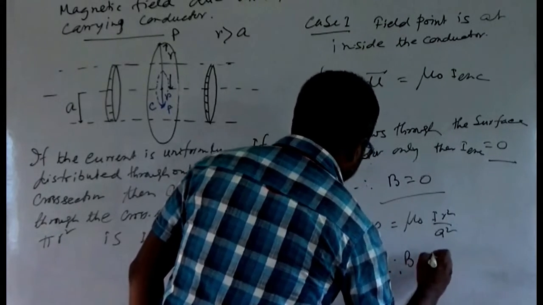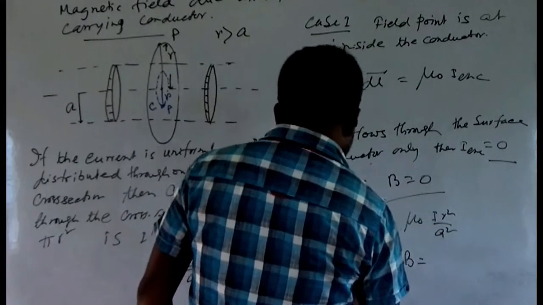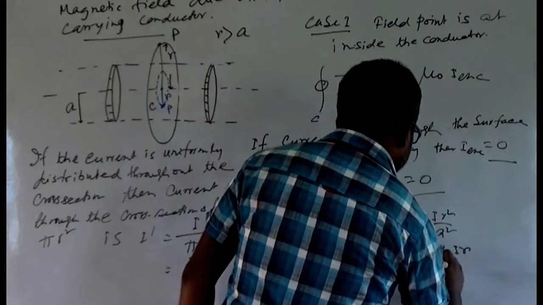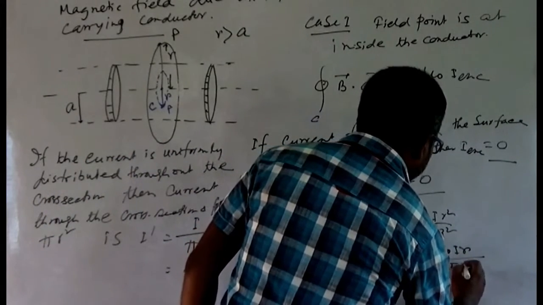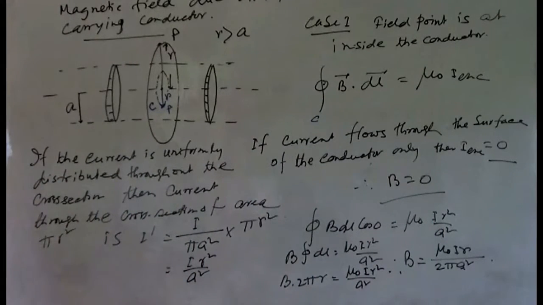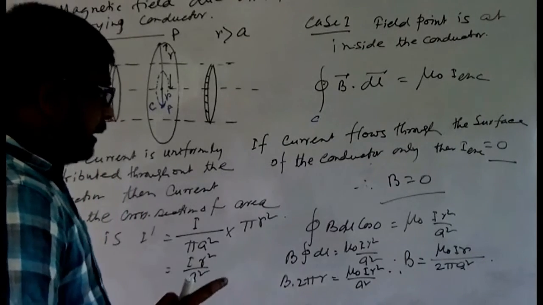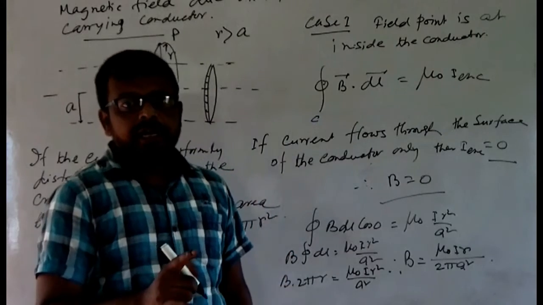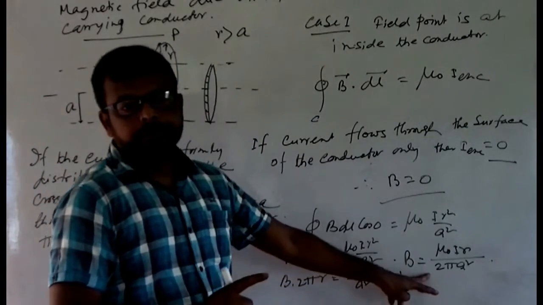Therefore B will be equal to what? One r cancels out. Therefore, B is mu naught I r divided by 2 pi a square. This is the magnetic field at a distance smaller than the radius of the conductor.